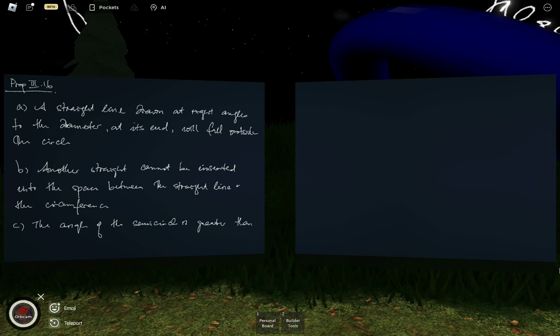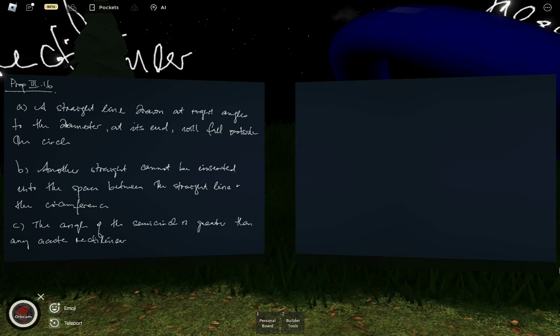And maybe it defines what that means in the beginning of book 3. Oh, there is a definition. I guess I didn't look back. I just read and, okay, I'll go to the proof. And after I finish reading the proof, I should know what that means, right? It's greater than any acute rectilinear angle.